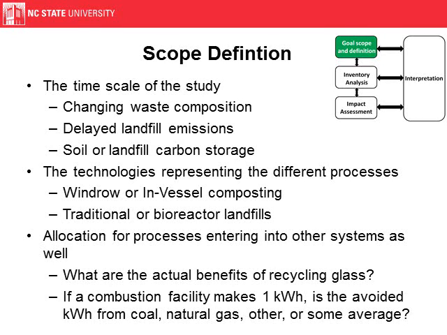And then in our scope definition, we need to also look at the time scale of our study. So waste composition could change, landfill emissions are delayed, we could store carbon in soil or landfills. Once again, figuring out what are the actual technologies we're looking at, as well as allocation processes, which is an interesting concept we'll get into a little more later. But looking at what are the actual benefits of recycling glass?